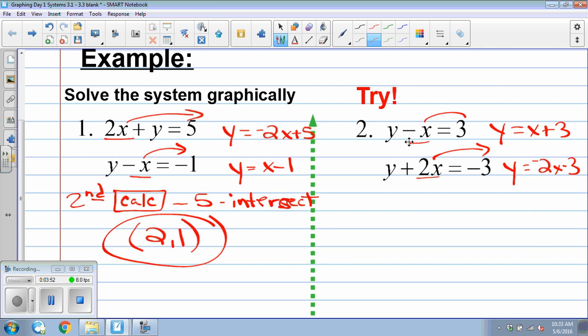And what'd y'all get? Negative 2, 1. Okay, so that's the solution. That's the point of intersection between those two lines. Those are linear equations. Okay.